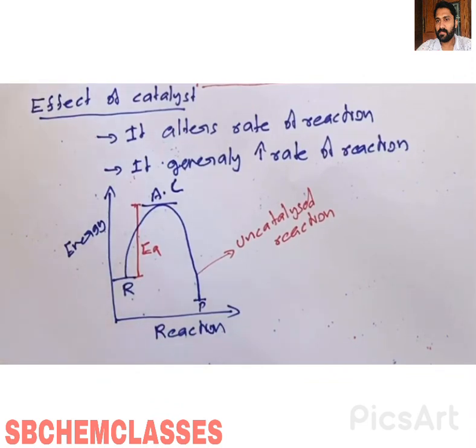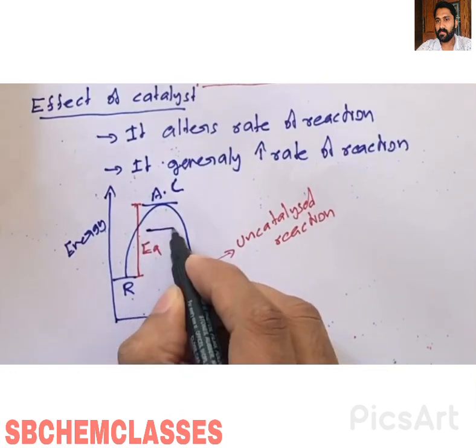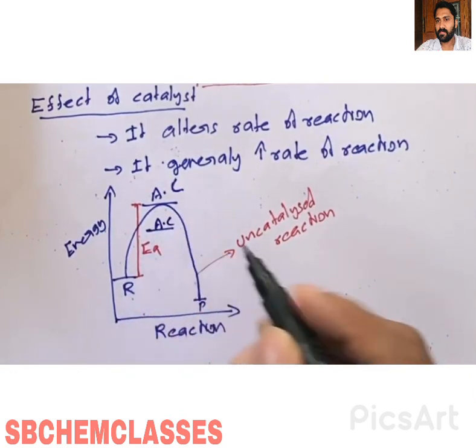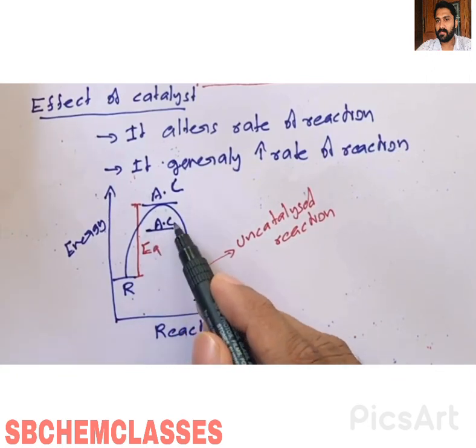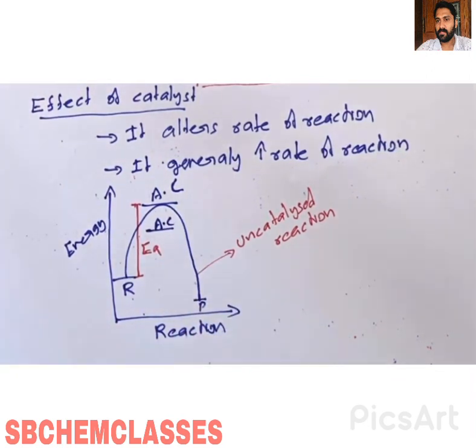If catalyst is added to this reaction, what will happen? This catalyst changes reaction path by forming new activated complex. So this is the new activated complex formed. Then what will be the path of reaction?